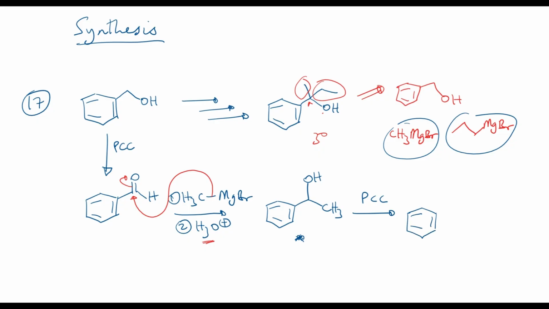So this is going to form a ketone. I can now react this ketone with the other Grignard reagent. Since we have an ethyl group here, there should be two carbons on the Grignard reagent.